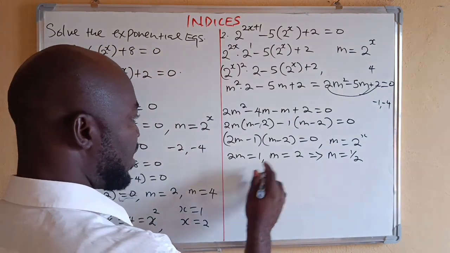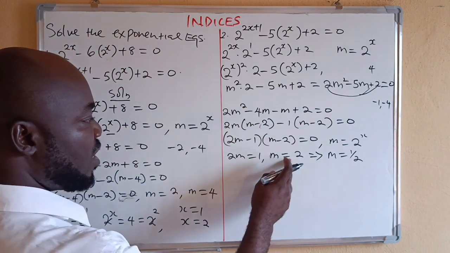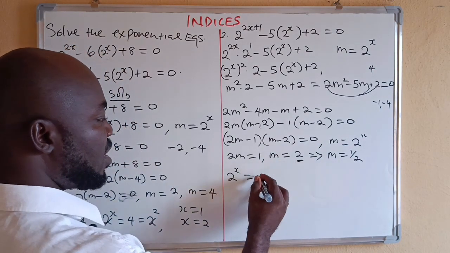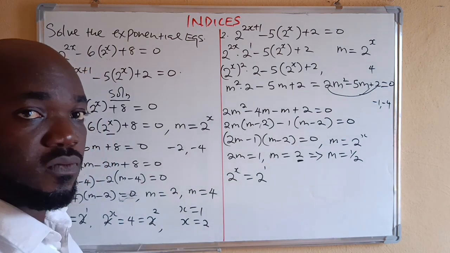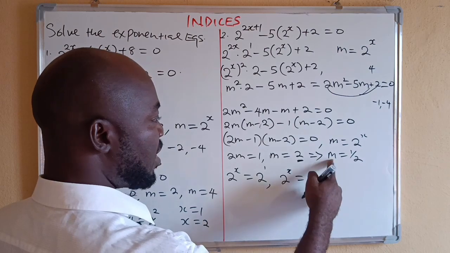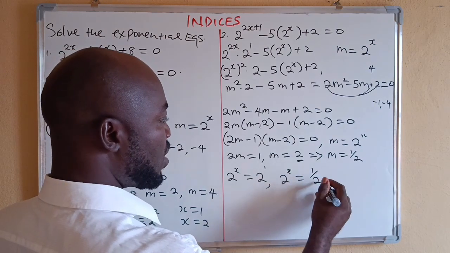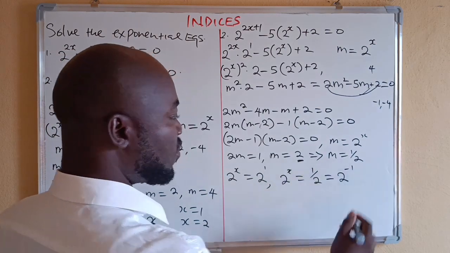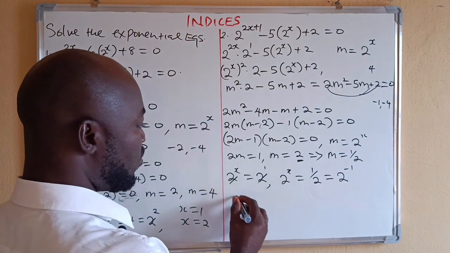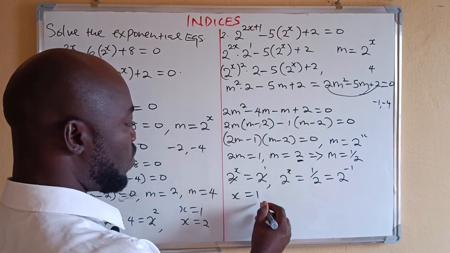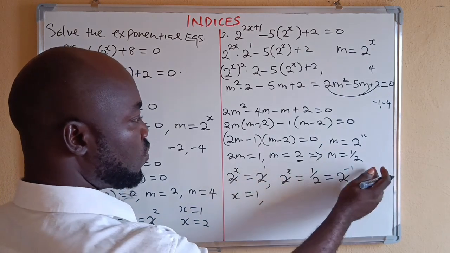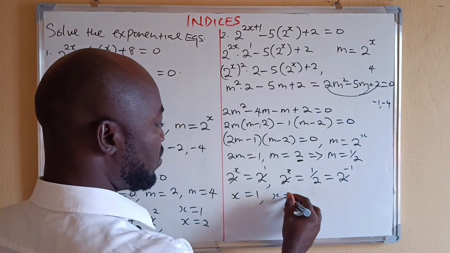So wherever I see 2 to the power of x, I'll equate it to the m here, which is 2, or 2 to the power of 1. The next one, I have 2 to the power of x, and I equate it to 1 over 2, and 1 over 2 simply means 2 to the power of minus 1. So these will cancel because they have the same base, so my x will be equal to 1, and in the other case x will be equal to minus 1.